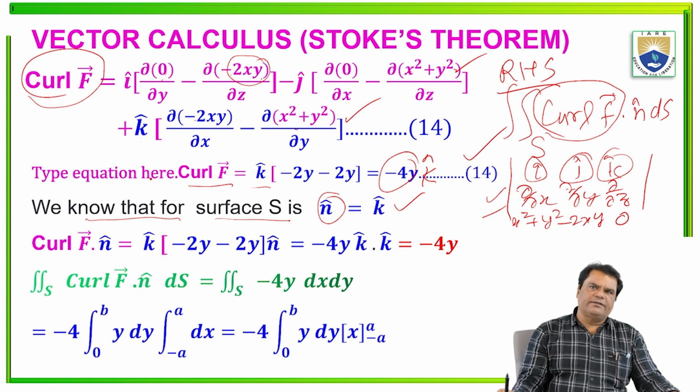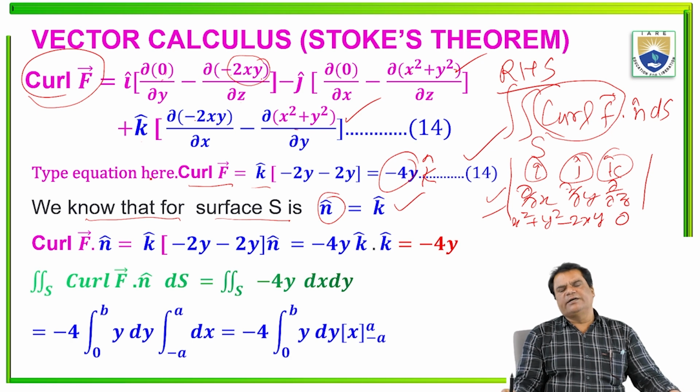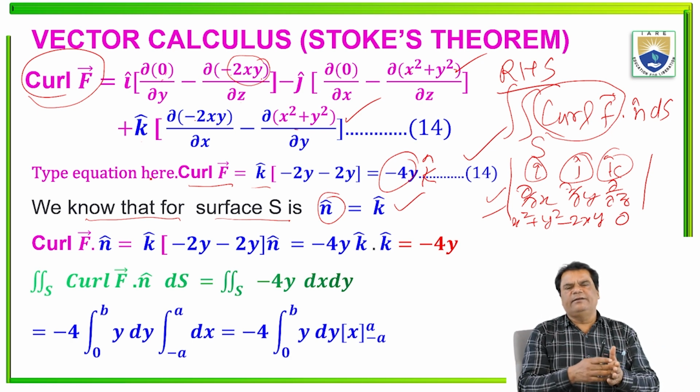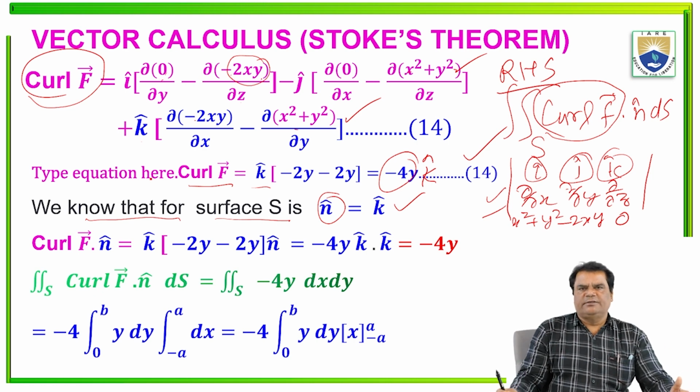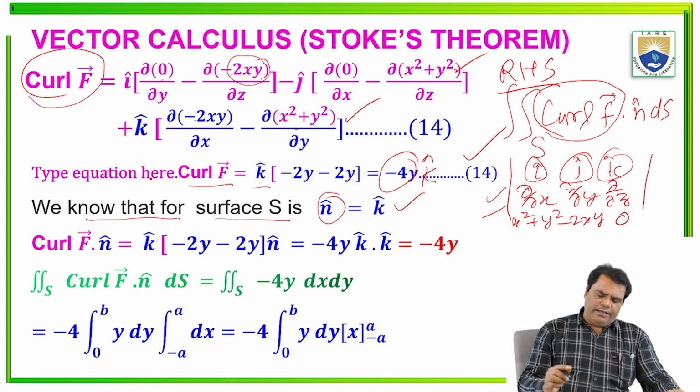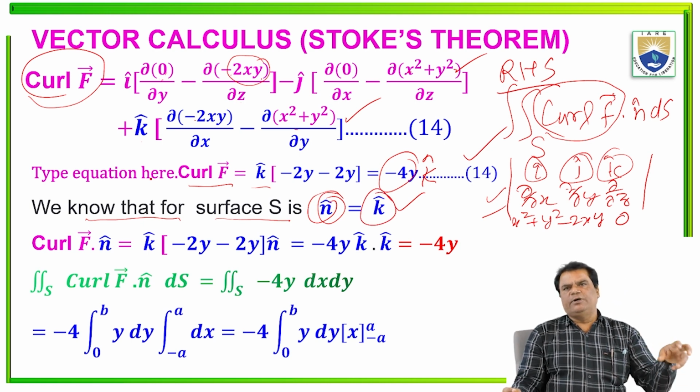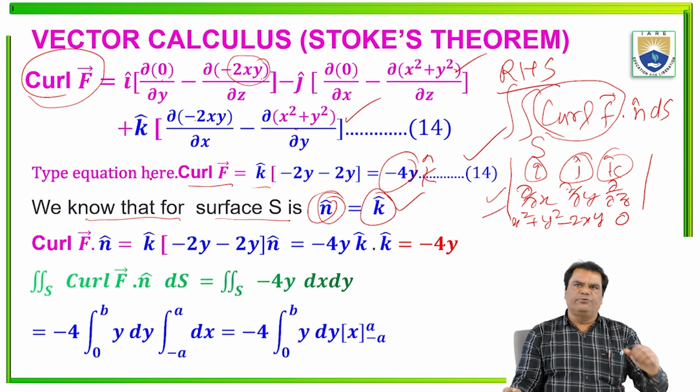So this is the n vector. This is the direction about the z axis and along the z axis is the k vector. So the n vector, unit normal vector, is parallel to the k vector. So both are the same vector. We can put n vector equal to unit normal vector equal to k vector.